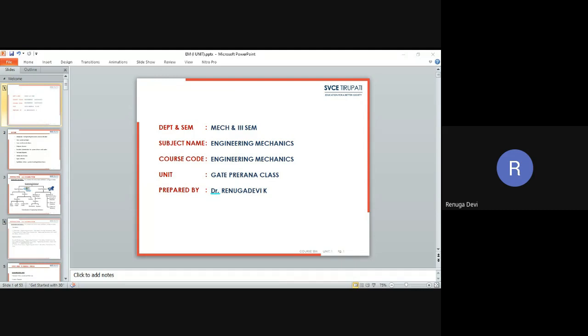Only very few questions they will ask in basics. They will ask for trusses, fluid mechanics, kinematics, and in dynamics, how the reciprocating parts are acting in a particular body, or how rotating parts are acting in a particular body, like that only they will ask. These are all basic principles.